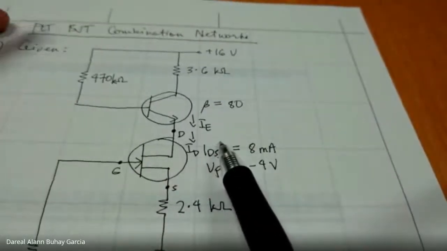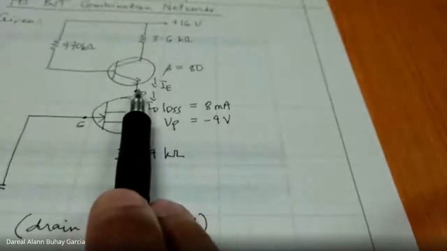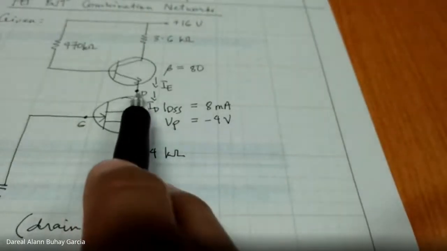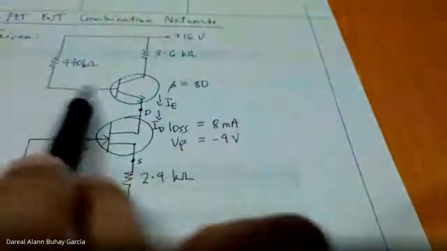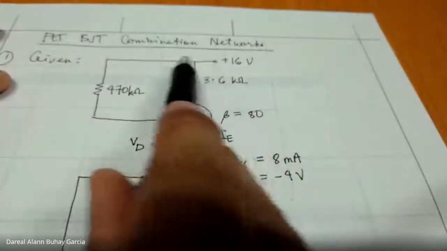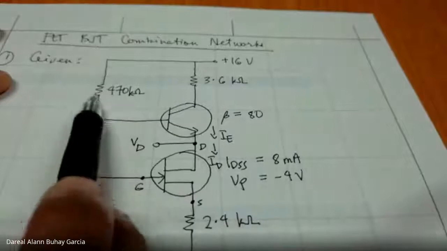I think this is the path we will take later when we get VD, if we do KVL in this part. This is VD. There's no VD here, right? So, 16 minus IB RB minus 0.7.